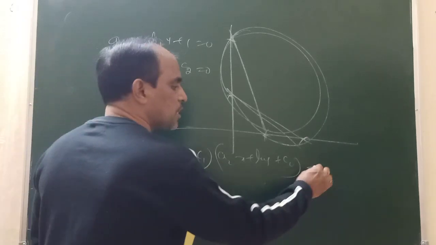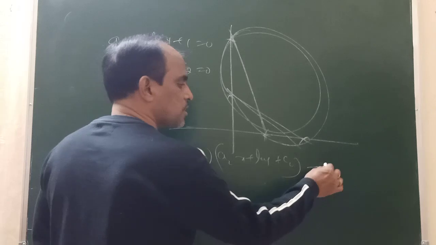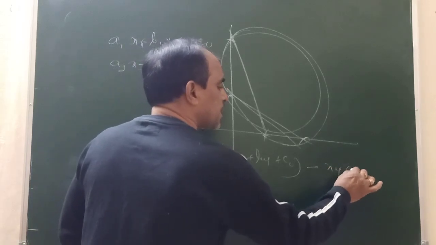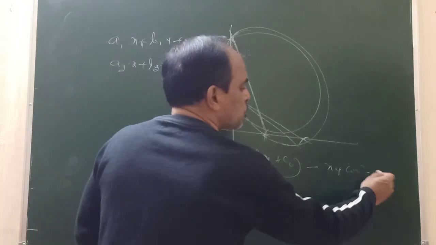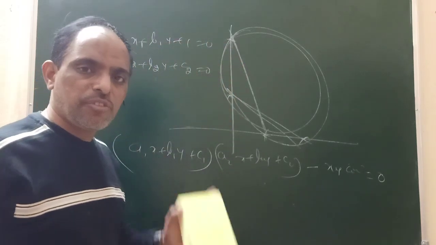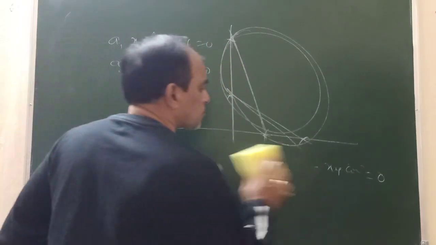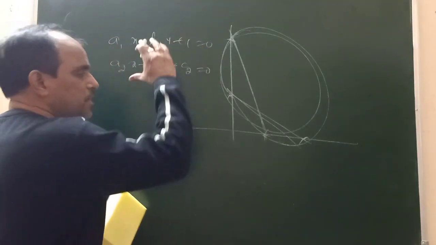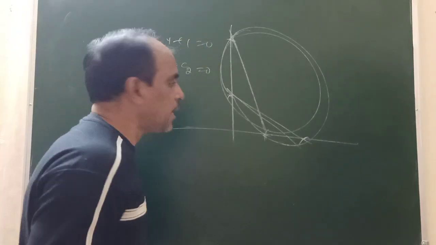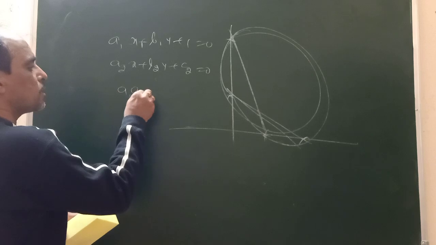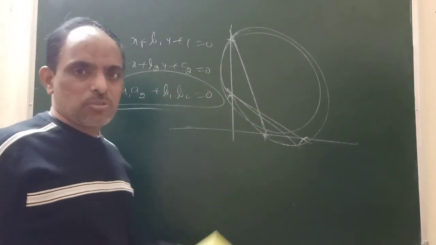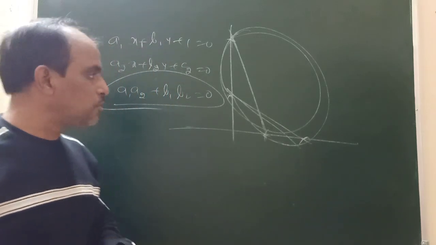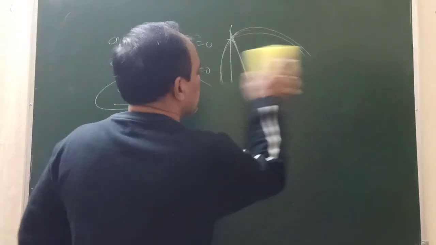Then the equation of the circle is obtained by multiplying these two equations and subtracting the xy coefficient, so there is no need to write the xy term. This should be equal to 0, which represents the equation of the circle. And if these two lines are concyclic, then the condition is a1 a2 plus b1 b2 is equal to 0. So these are the 3 points we have to remember in the concyclic condition.